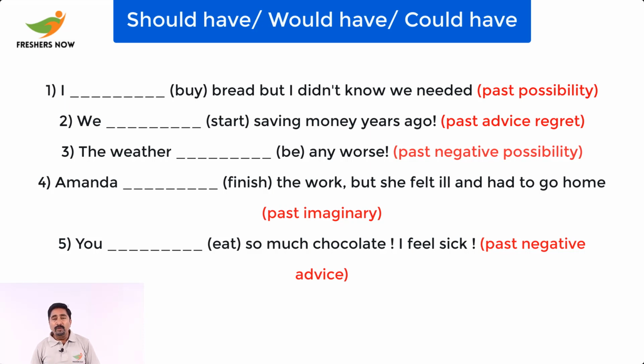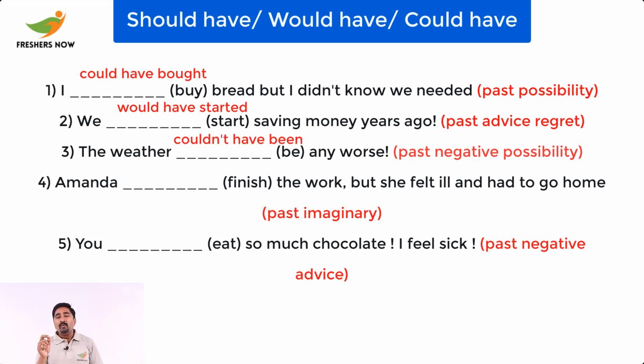Now let's see the first one. I could have bought. That is about the possibility. And see the next one: would have started earning, saving money. And the third one is the weather couldn't have been.